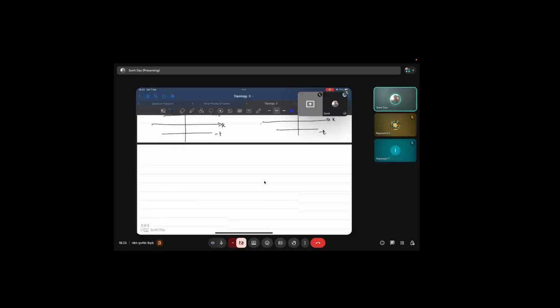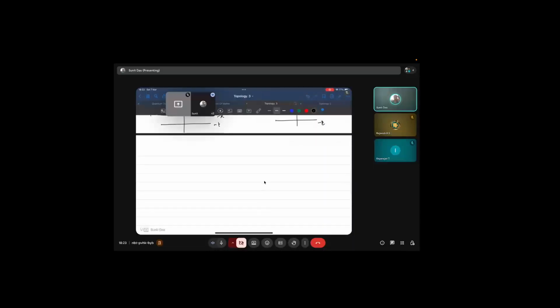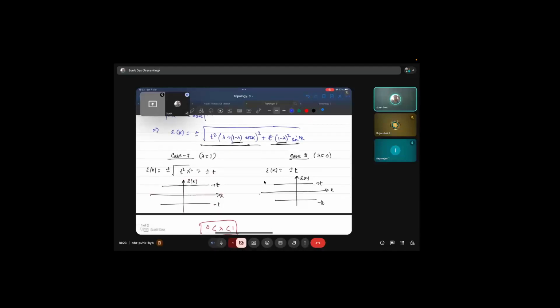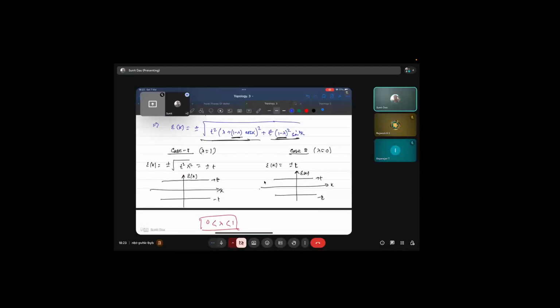Now, what happens if lambda is not 0, lambda is not 1? So somewhere between 0 and 1. So this is the case we are interested in. Then we have this particular energy expression. You need to plot it numerically, or you can do it analytically also, but essentially numerically will be much easier to do.